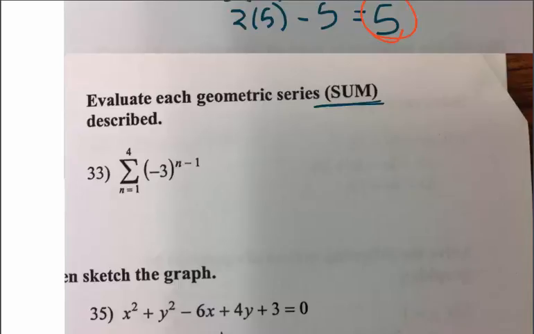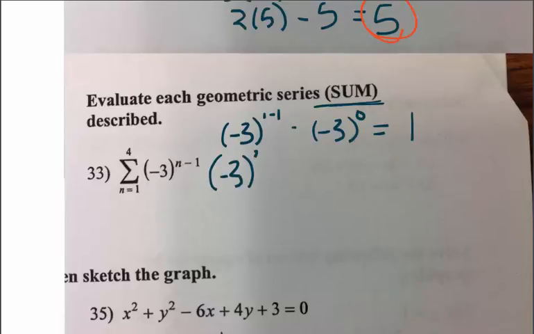I'm going to find the 4 terms using this rule. My first term would be, let's see, it looks like -3 to the 1 minus 1. That's -3 to the 0 power. Well, anything to the 0 power is 1. My next term, if I plug in a 2, means I get -3 to the first. Anything to the first is itself, so -3.